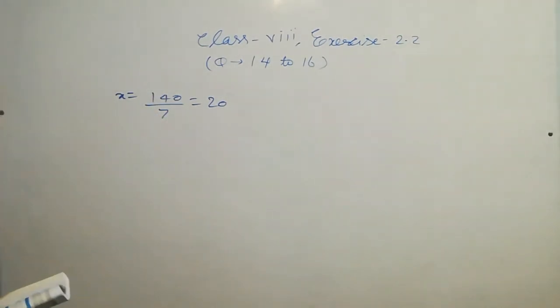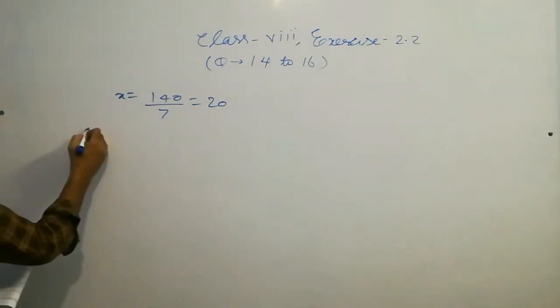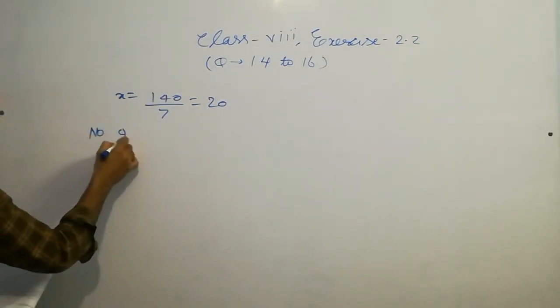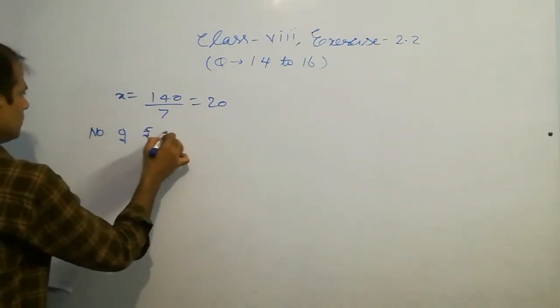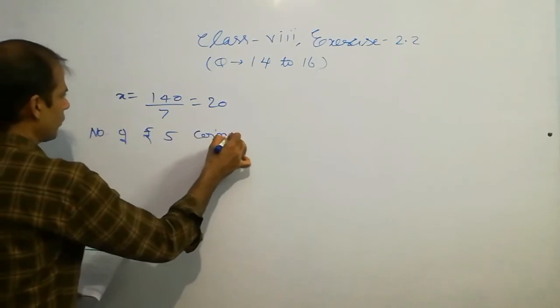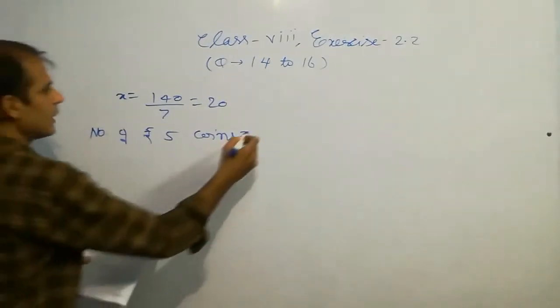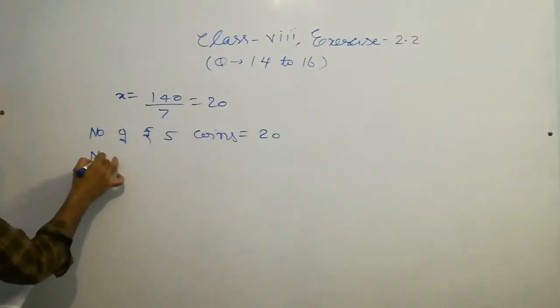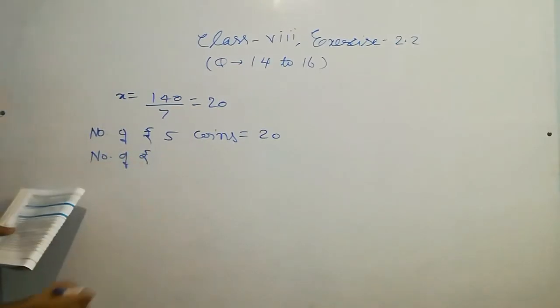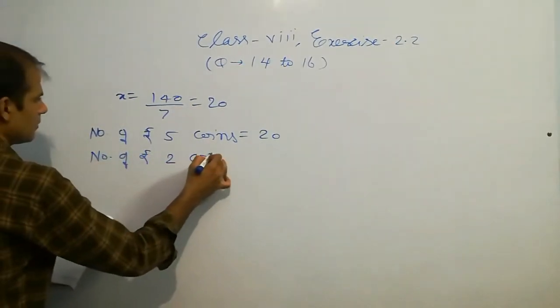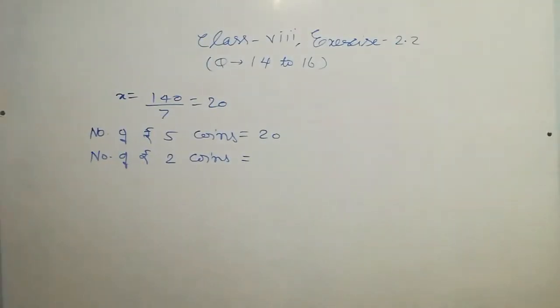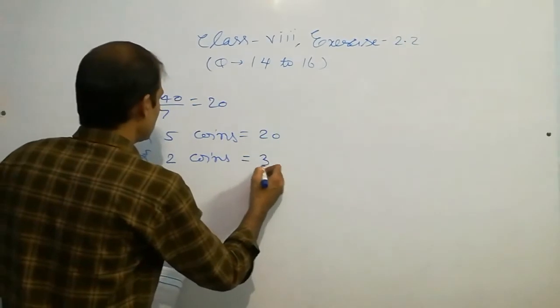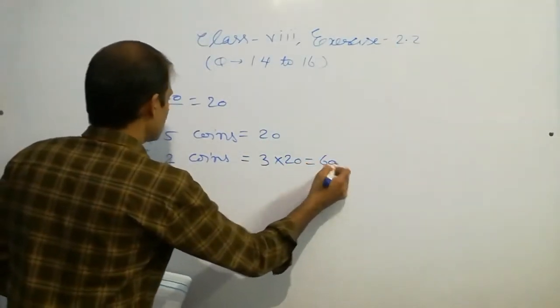Now you can calculate the number of coins of each denomination. Number of rupees 5 coins is simply x, that is 20. Then number of rupees 2 coins equals 3x, so it is 3 into 20, that is 60.